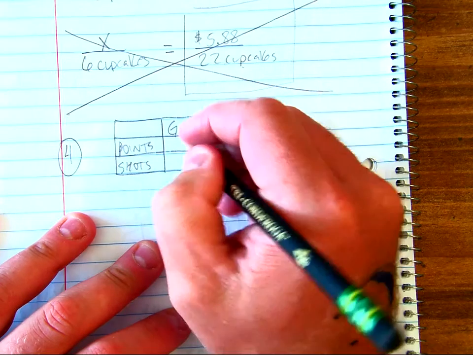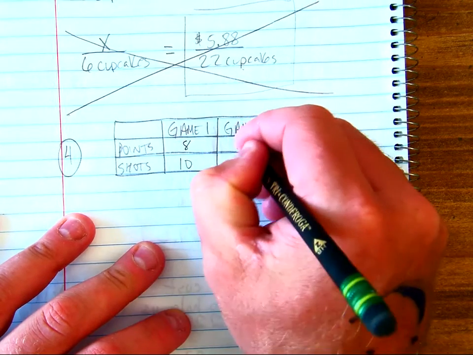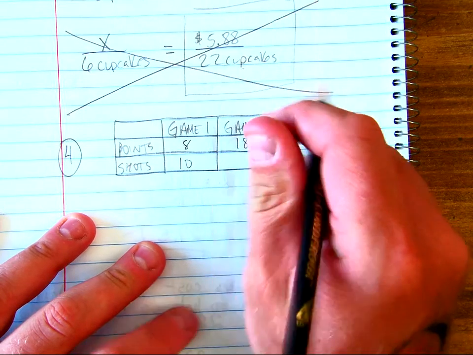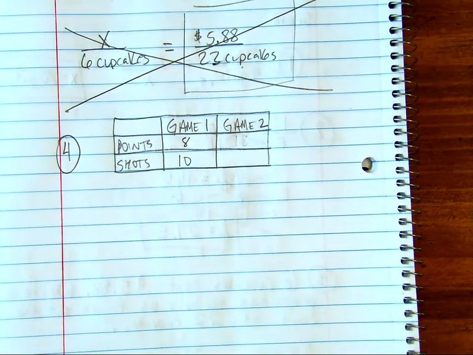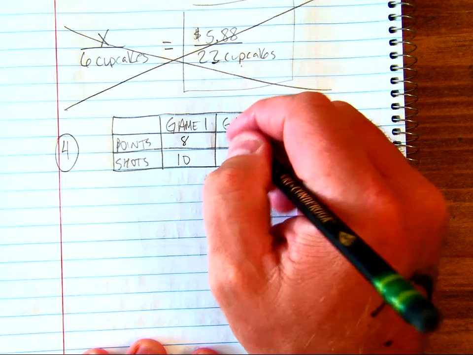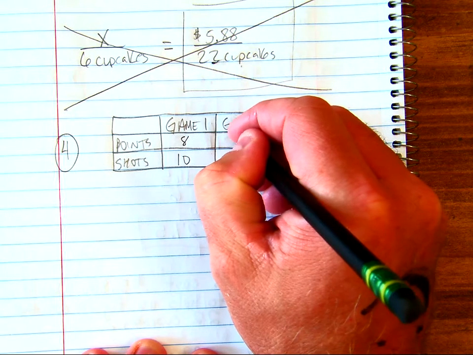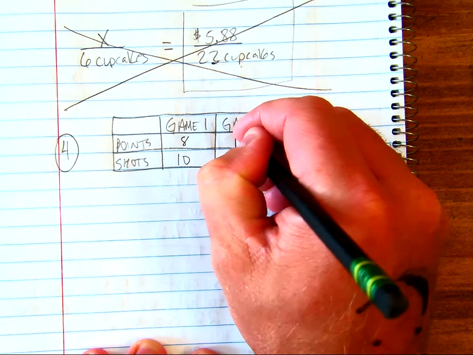So let's say you had 8 points on 10 shots, 18 points. Well, let's just keep it 18.